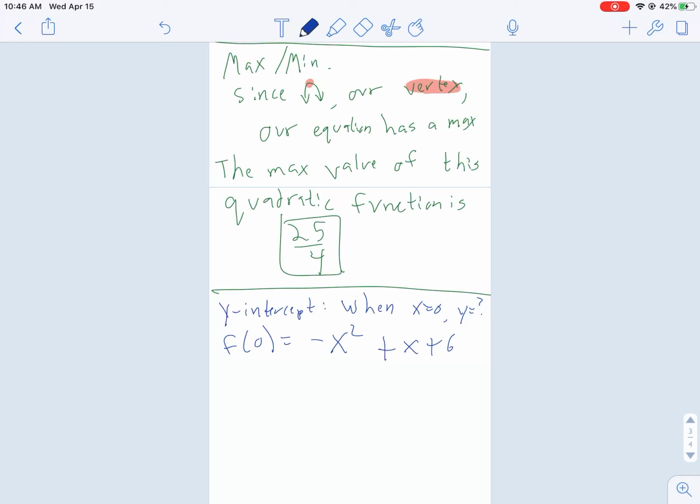Remember, when you're finding your y-intercept from standard form, your answer is going to be just that last constant. It's going to be 6. We can figure that out because we know it's negative 0 squared plus 0 plus 6, which equals 6. So therefore, our y-intercept is 0, comma 6.